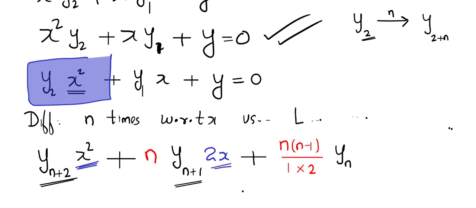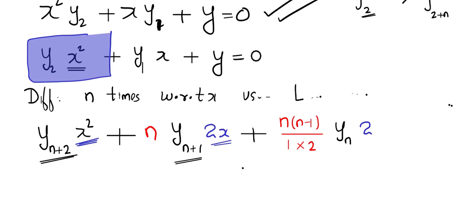Now 2x becomes 2 into 1. That's it, you can stop applying Leibniz theorem once the second function becomes a constant, because in the next term the derivative of a constant will be 0. So from the next term onwards, everything will become plus 0, plus 0, plus 0.